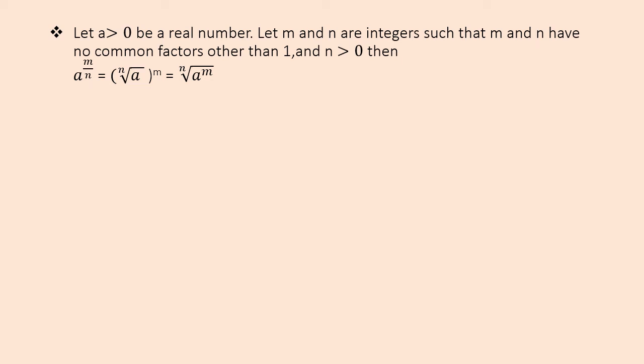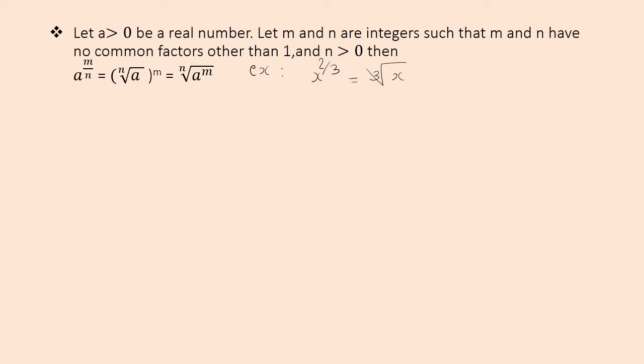You can make this property more clear with an example. For example, if you have x raised to 2 upon 3, that is equal to the cube root. When it is cube root, you have to write 3 in the arms of the radical sign.